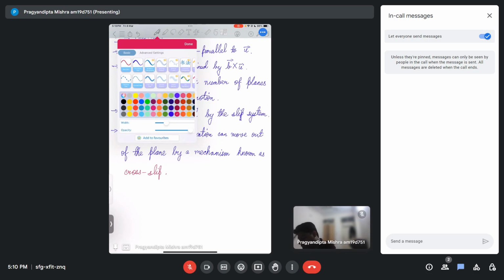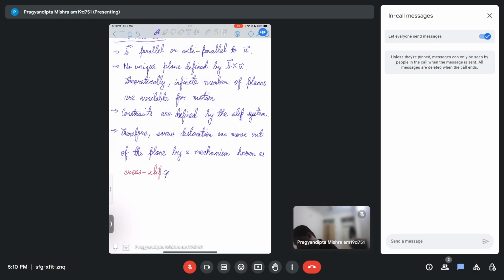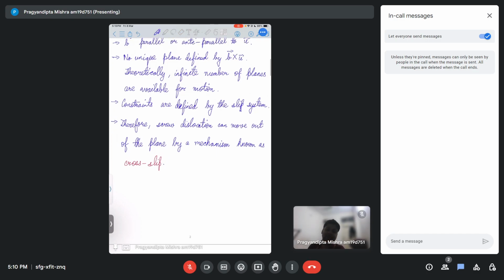So this is unique to the screw dislocation. An edge dislocation will not be able to do this. Why? Because it is not possible for an edge dislocation to slip into another plane. Okay. So you can write that point also.